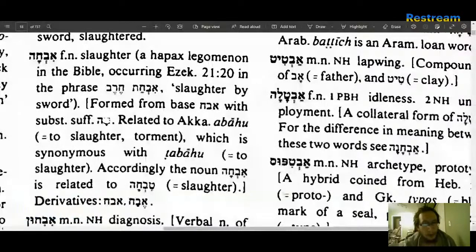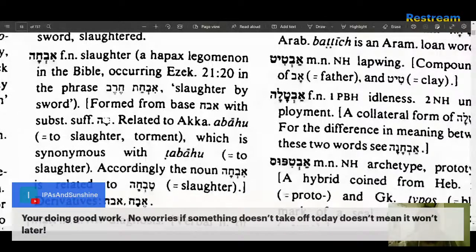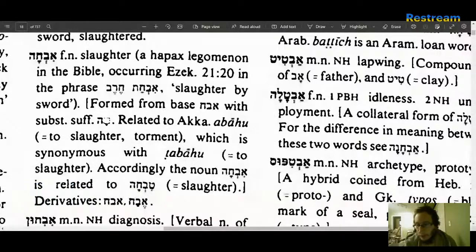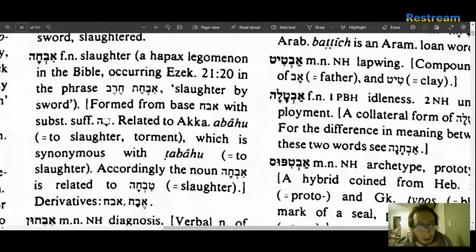Shalom, good to see you. Whoops, I just meant to share just Shalom. So here it says Akkadian abahu means to slaughter or torment. So it's clearly the same exact word as abaha. How do they spell that? Abahu. Let's see if we can find it in Wiktionary.